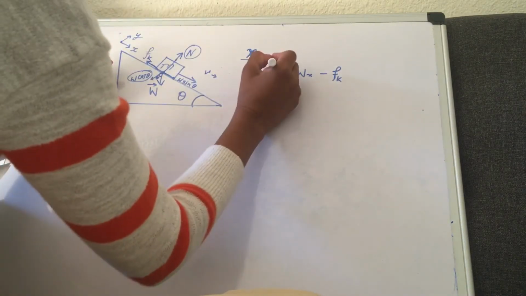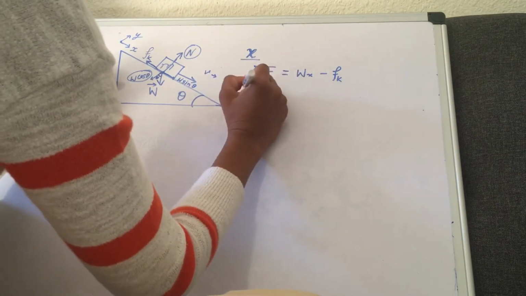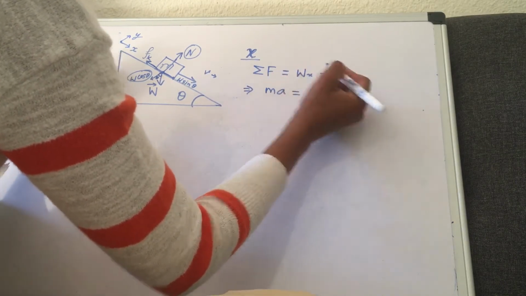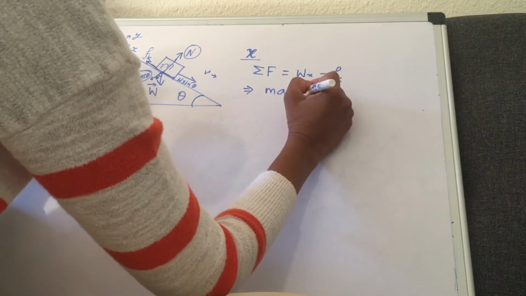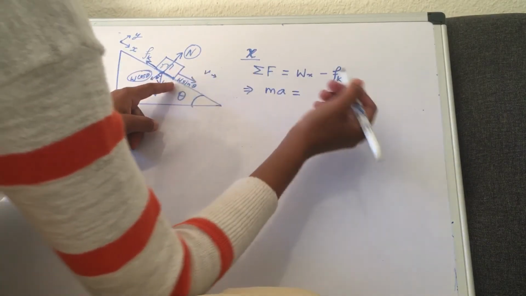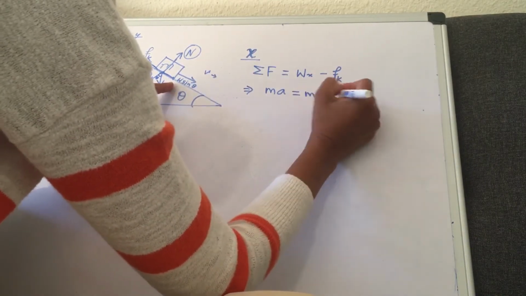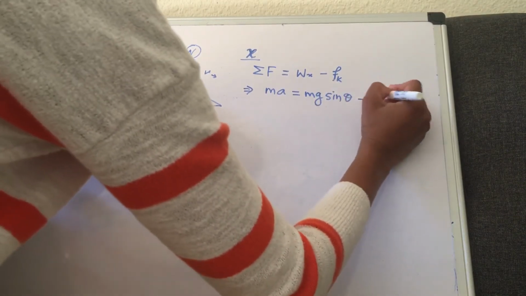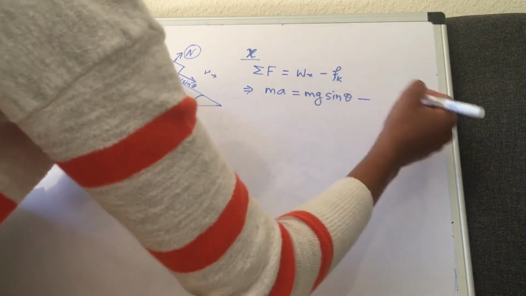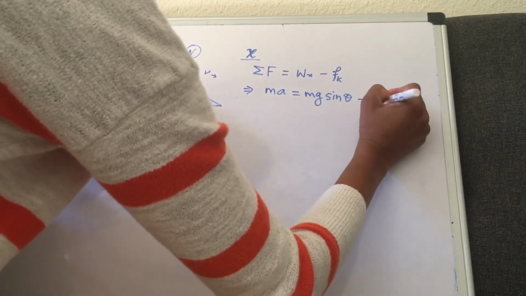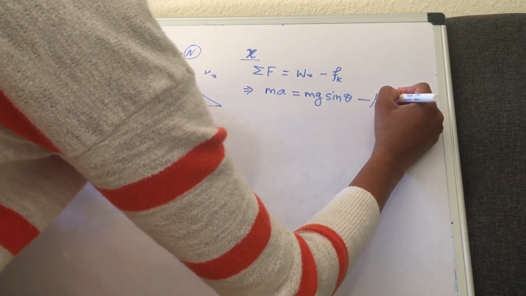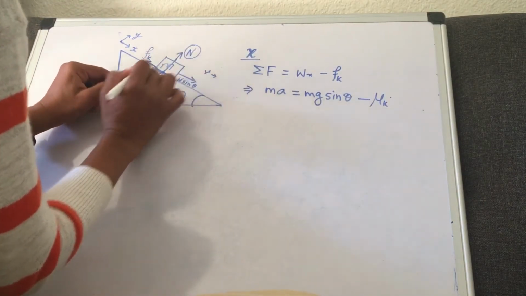Now this total sum of the force is nothing but m times a, which must be equal to Wx, which is W sine theta. W is really m times g, so I'm just going to write mg sine theta minus Fk. I told you a few minutes ago, Fk is mu k times the normal force, and N must be equal to W cos theta.